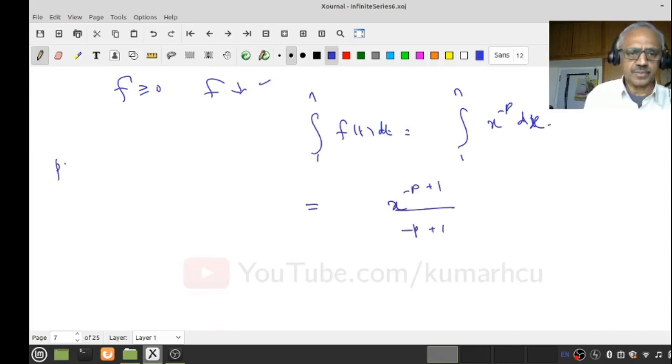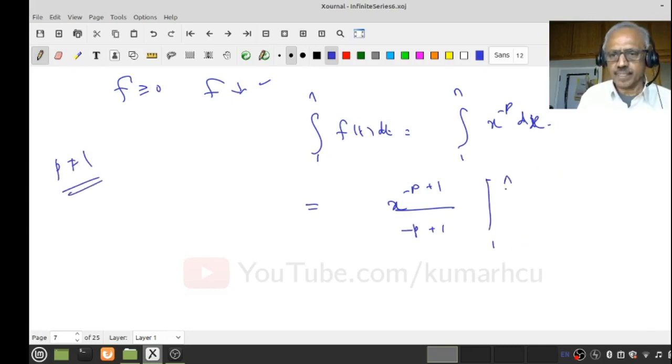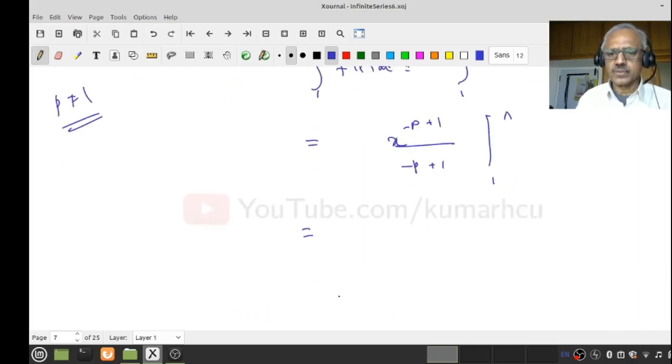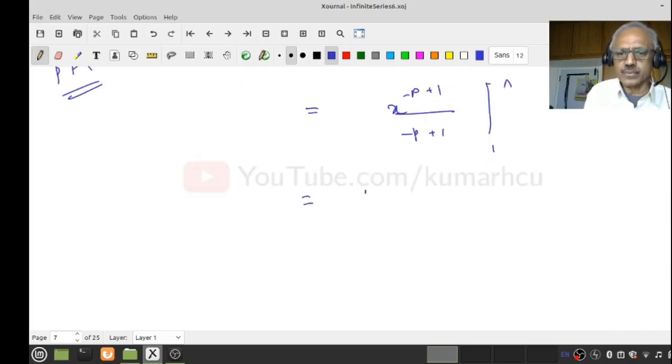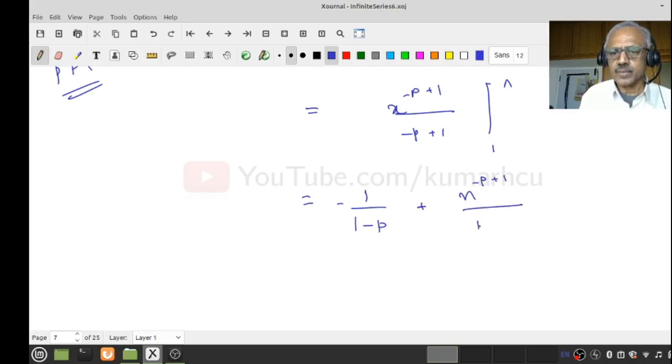So I have to assume p is not equal to 1, because this must make sense. Evaluating from 1 to n, this is going to be n to the power minus p plus 1 by 1 minus p, minus 1 by 1 minus p.